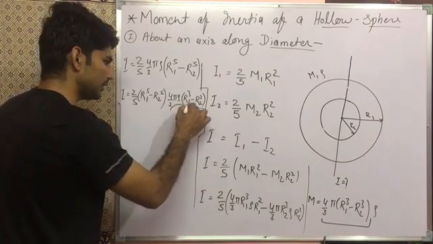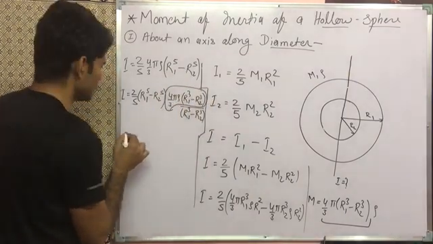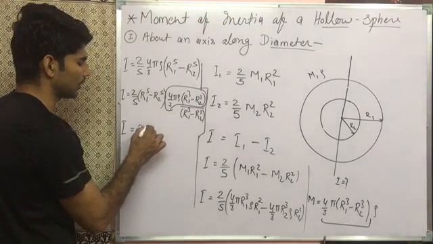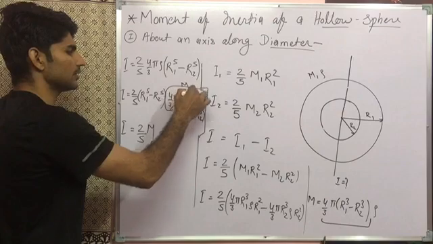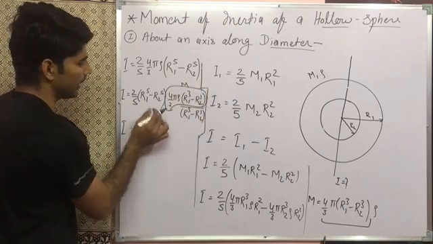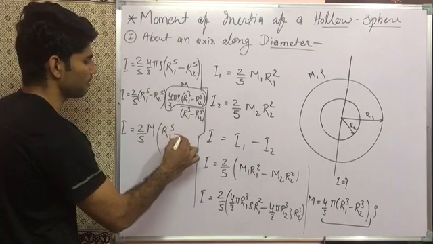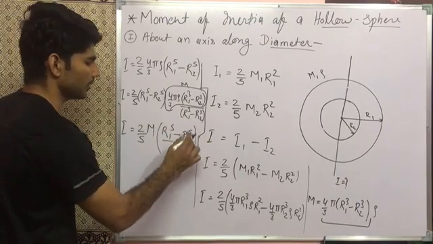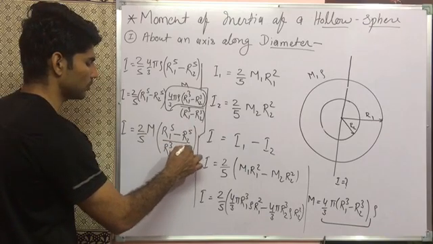So this is the mass of this hollow sphere. So I will be 2 by 5 capital M, this is the mass of this sphere, times r1 power 5 minus r2 power 5 in the numerator, and in the denominator r1 cube minus r2 cube.